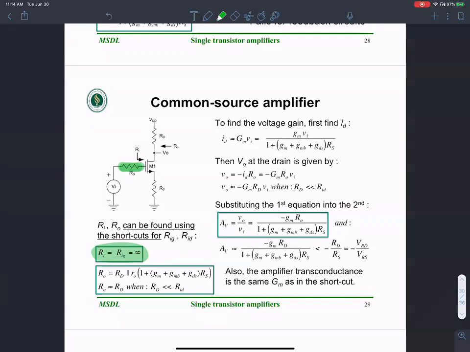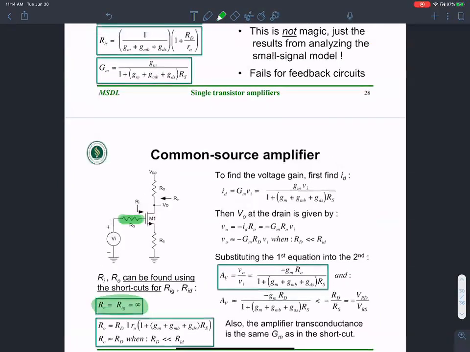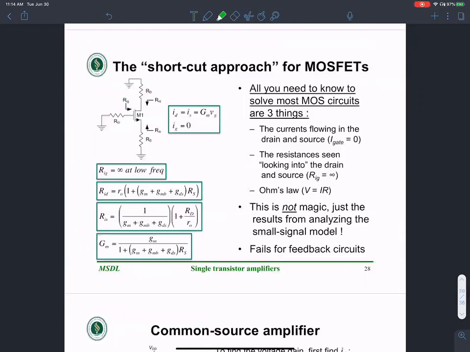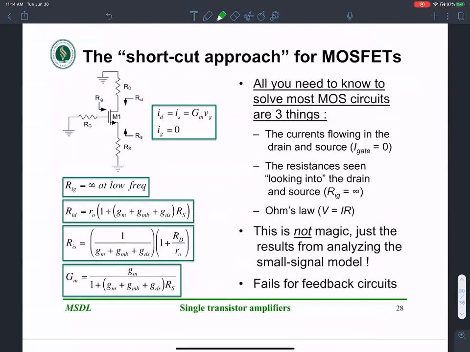Similarly, let's go back here. The shortcut approach. Let's look at the shortcut approach. So that's what I mentioned. Resistance looking into the gate is infinity. This is applicable at low frequencies.